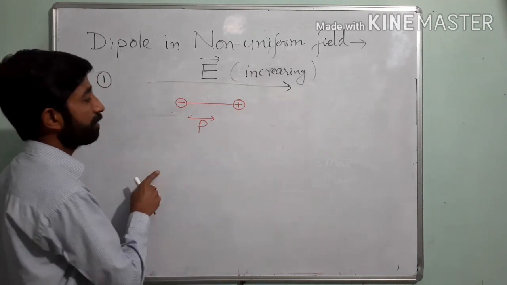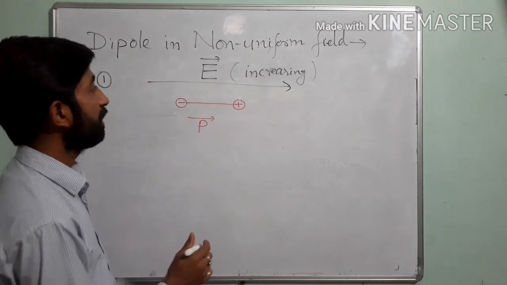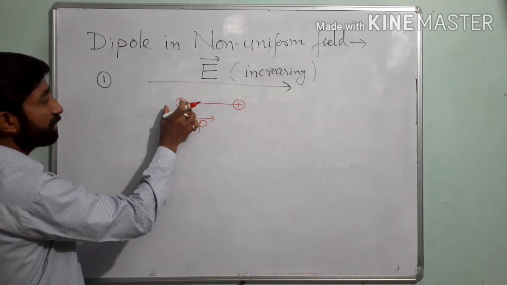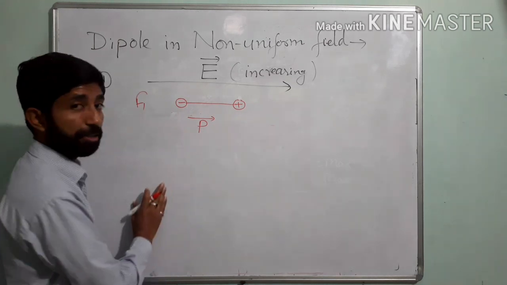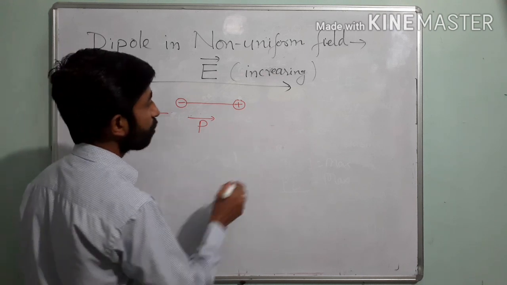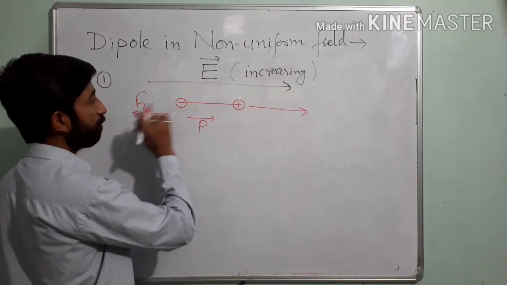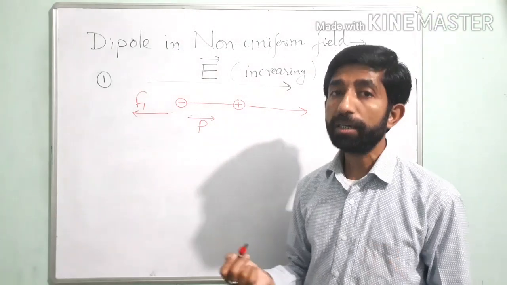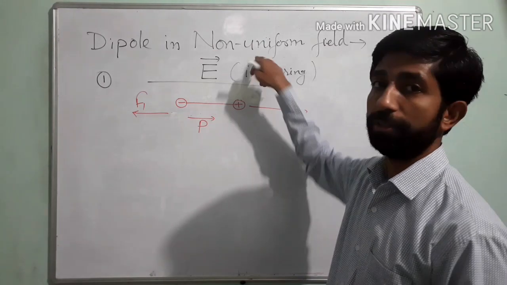Now what happens? Obviously the field is increasing, or non-uniform. The force on this charge will be F1, and the direction of that force is this way. Now the force on this charge will be this way, but the forces will not be equal; rather, different forces are acting on this dipole due to the non-uniform field.